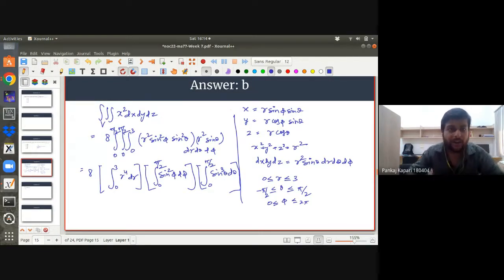I think I have made some mistakes. This is r cos phi. So here this got interchanged. So r cos phi and here r sin phi, and therefore instead of sin square here we'll have cos square phi.